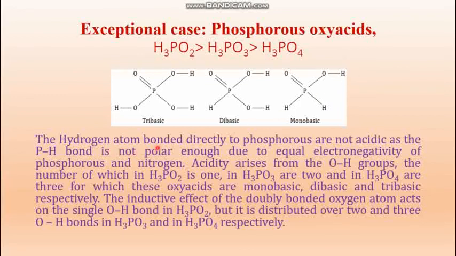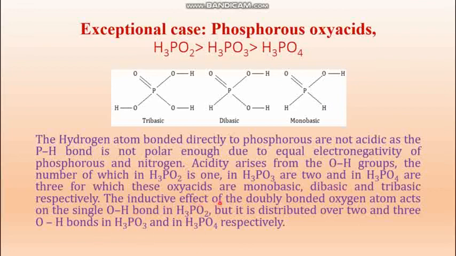So what is explained here? The hydrogen atoms bonded directly to phosphorus are not acidic, as the P-H bond is not polar enough due to the equal electronegativity of phosphorus and hydrogen. That means P-H is not at all acidic due to a very low difference in electronegativity, almost similar. Acidity arises from the O-H groups, the number of which in H3PO2 is 1, in phosphorous acid is 2, and in phosphoric acid is 3, for which these oxyacids are monobasic, dibasic and tribasic respectively.